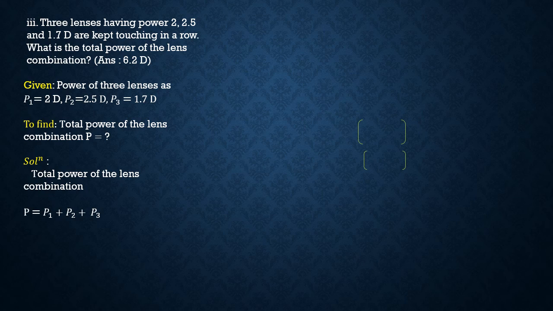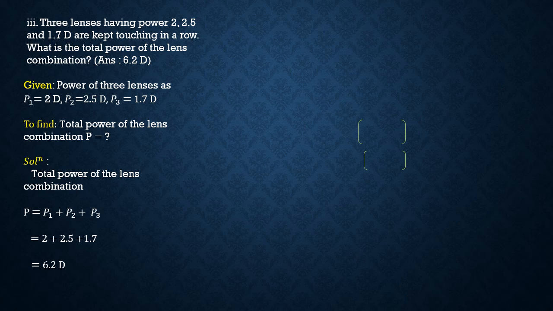You have studied that. You can go and read in the textbook that the equivalent power of the lenses when they are combined is nothing but the sum of the power of the individual lenses, and therefore P is equal to P1 plus P2 plus P3, which is equal to 2 plus 2.5 plus 1.7. It's nothing but 6.2 diopter.